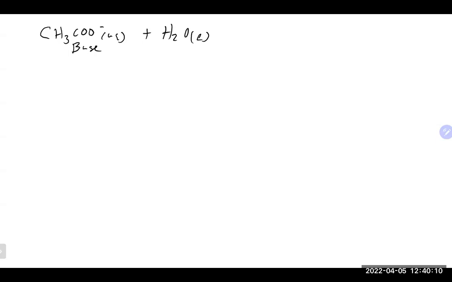The definition of a base is accepting an H+. The base will accept the H+, right? The Bronsted-Lowry definition: it will accept an H+, and it will make acetic acid. And by the way, in these reactions, if you're not sure what it makes, it always makes where it comes from, which is why it's good to know where it comes from. And it will produce hydroxide in this case.